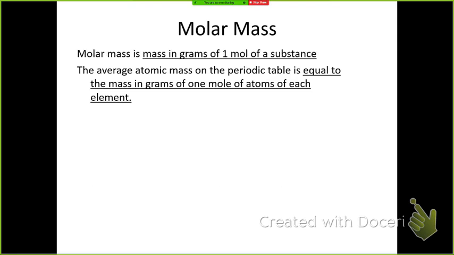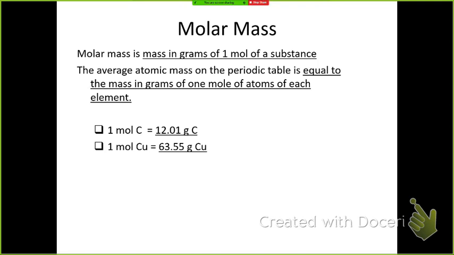And so when we talk about molar mass, our definition is the mass in grams of 1 mole of a substance. So that means if I look at my periodic table, I'm looking at the average atomic mass, 12.01 grams. That's the mass of 1 mole of carbon atoms. If I look up copper on the periodic table, my average atomic mass is 63.55.